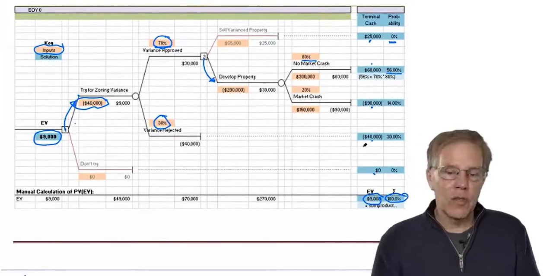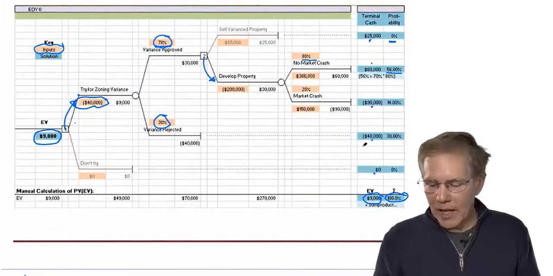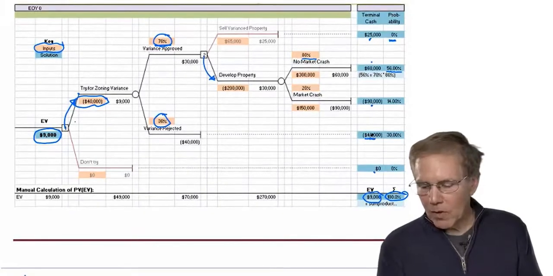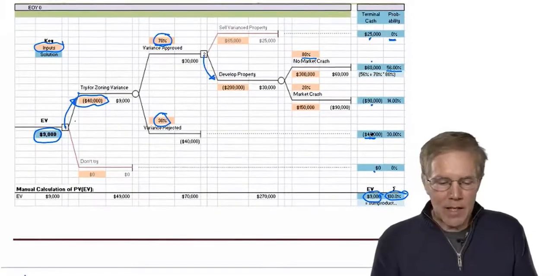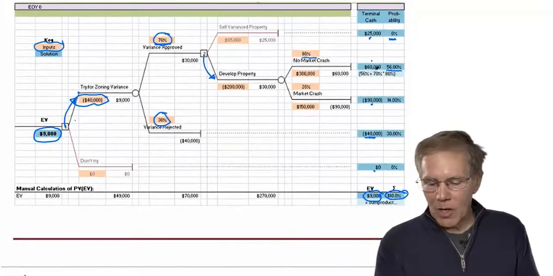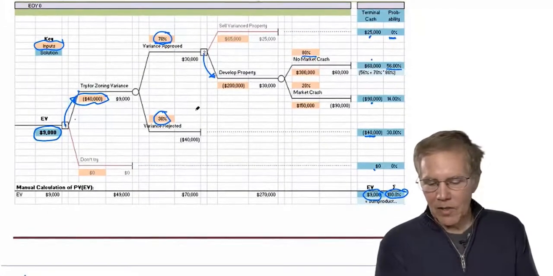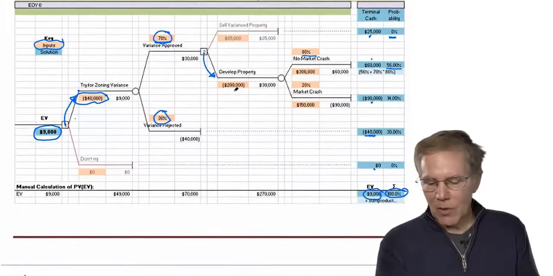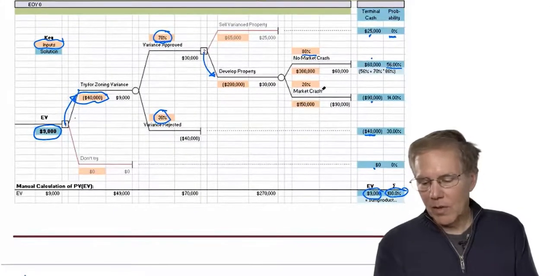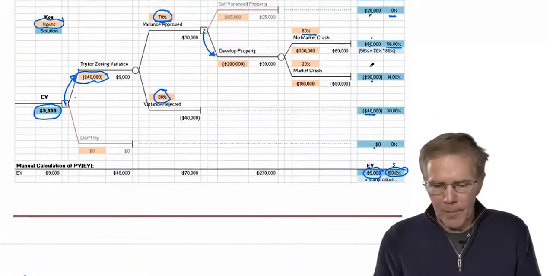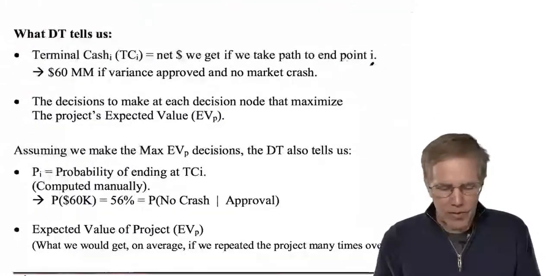Now I'm using thousands units. It cost us 40,000 thousands of dollars to make that happen. So that's our terminal cash here. In this case, we get our 60,000 from minus 40,000, minus 200,000 plus 300,000. That gives us our net 60,000. Okay.